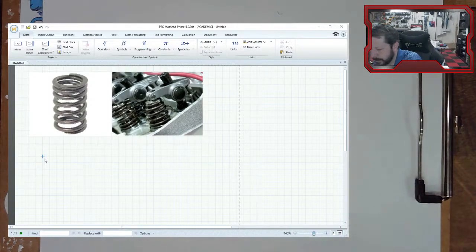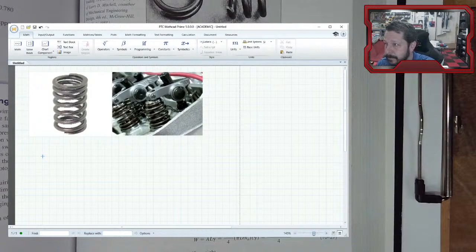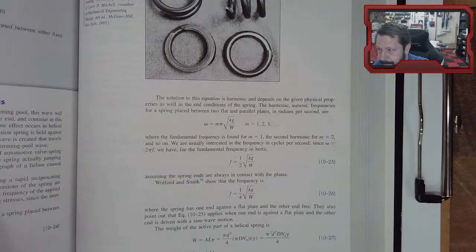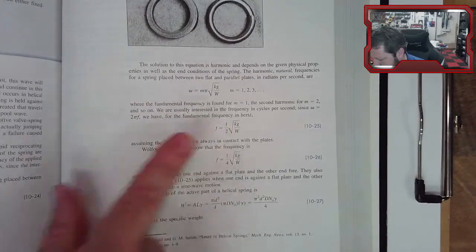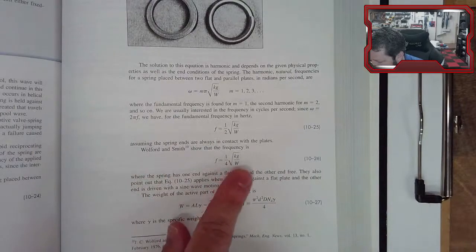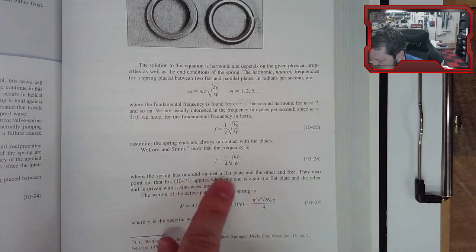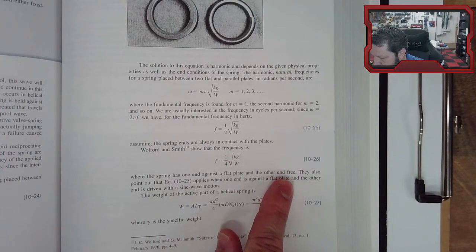Well, let's first look at the difference in these two because there are two equations that look almost identical. So we have both of these equations. One of them is 1/2 of this quantity, the other is 1/4, and the difference is the one down here, 10.26, is one end is against a flat plate and the other end is free.